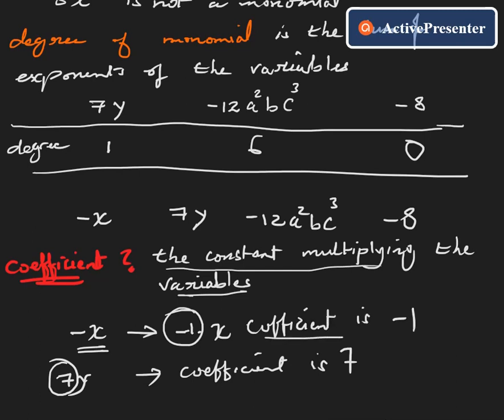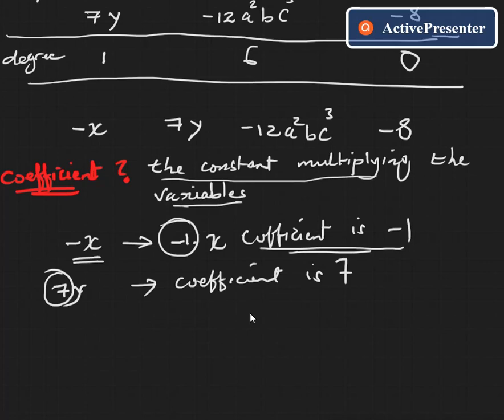In the case of minus 12a squared bc cubed, the constant multiplying the variables is minus 12, so this is the coefficient. What about minus 8? There is no variable, so we cannot say there is a coefficient. In fact, this is called a constant. Minus 8 is a constant.